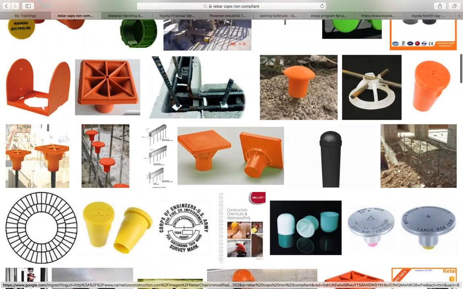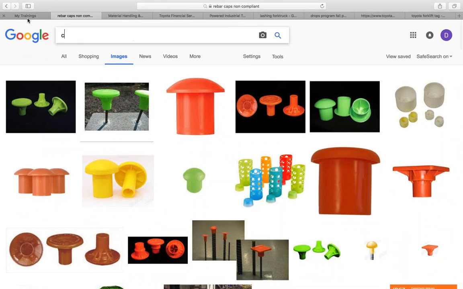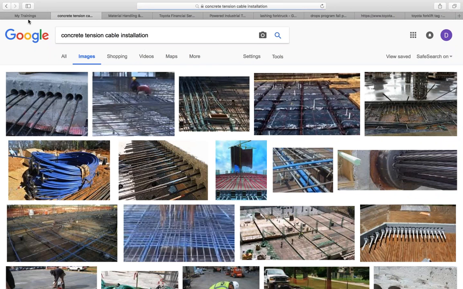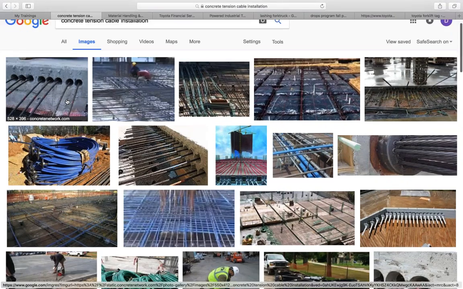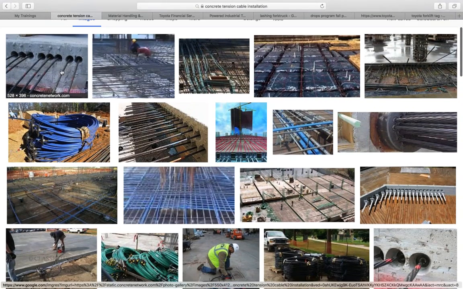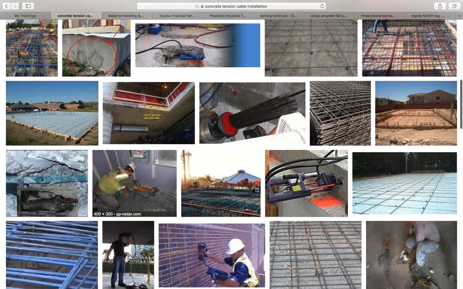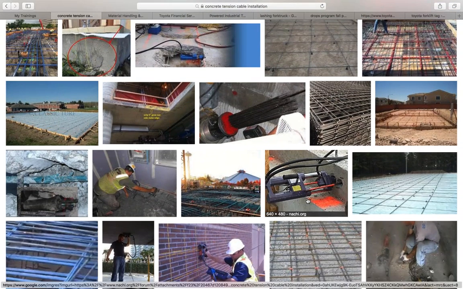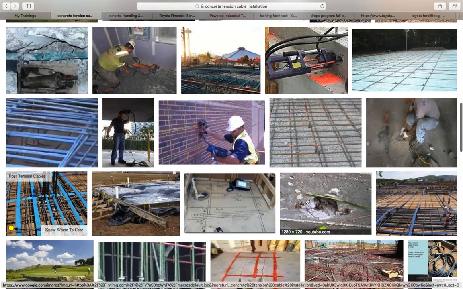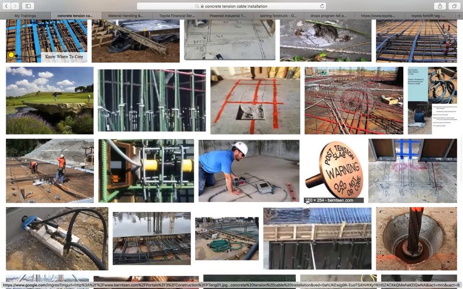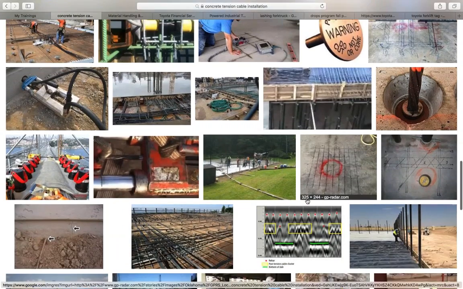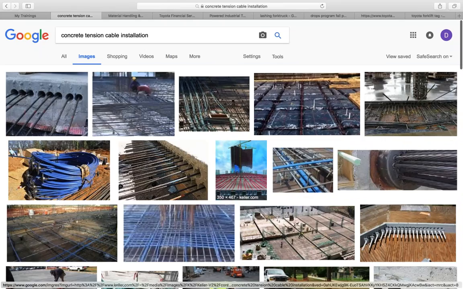There will be cables going through, and they put jacks on the backside and tighten up the jacks, tightening the cables to keep them taut while the concrete is being poured or curing, or the next day while it's going through the curing process. For anybody who's not familiar, that's what I'm talking about.